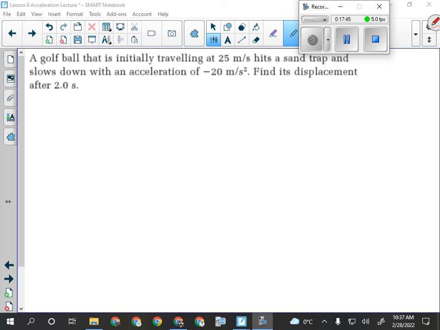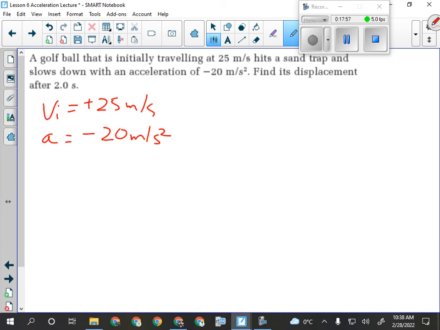So, we've got the golf ball initially traveling at 25 meters per second. I'm going to write that that's positive because they tell me the acceleration is negative. Find its displacement after 2 seconds. All right, what formula am I going to use?